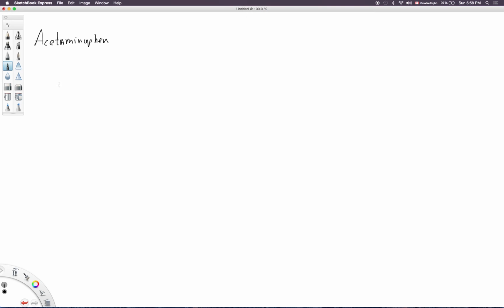Here it has an aromatic ring, or phenolic or benzene ring, as its central structure. So I'll attempt to draw that. I'll probably do a very poor job, so just deal with it the best you can. So you have this aromatic ring here, and then I'll draw the resonance structure in. Then out here I have a nitrogen, a hydrogen, and then you just have to fill in the carbons.